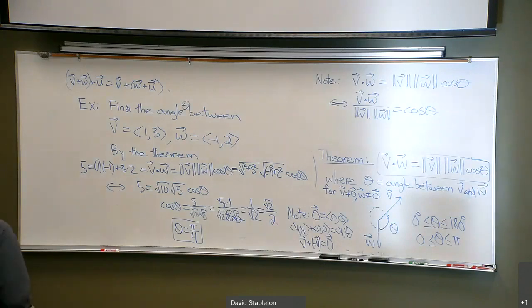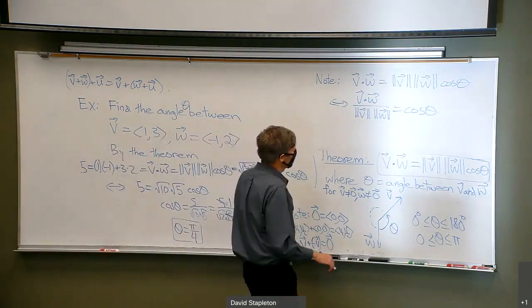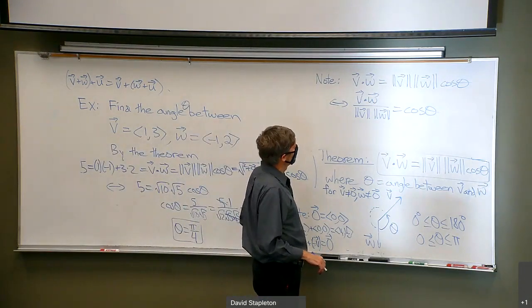All right, so a lot of books will write this formula that tells you the cosine of the angle between two vectors.